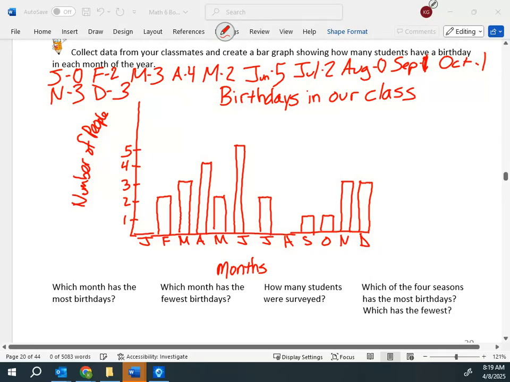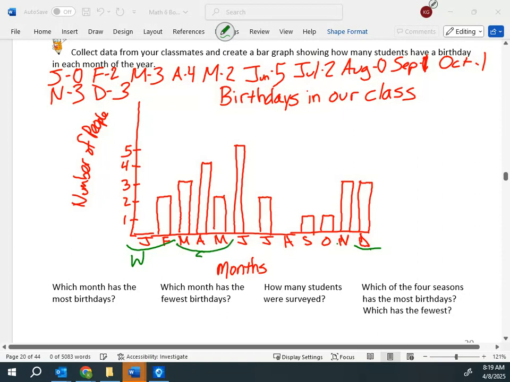Which of the 4 seasons has the most birthdays? So think about those seasons. Winter would start with November. No, sorry, winter starts with December. So December to February is winter.